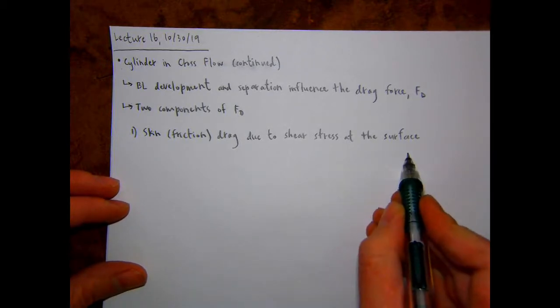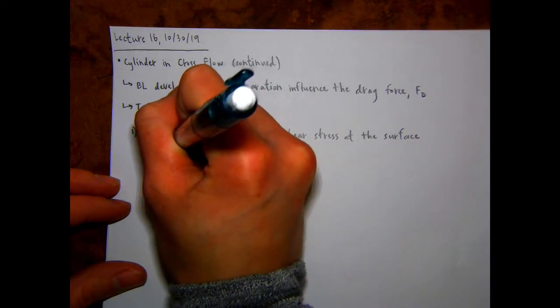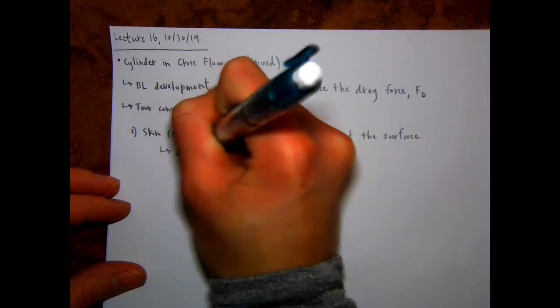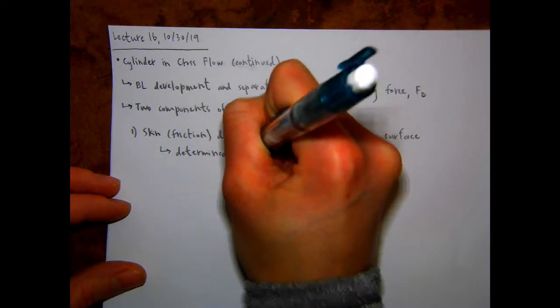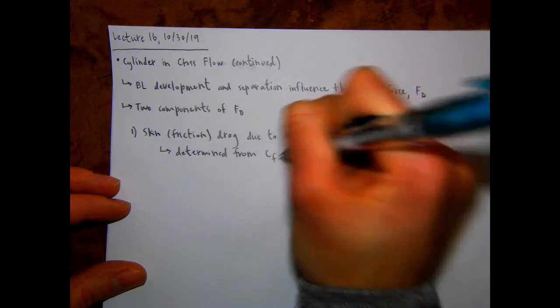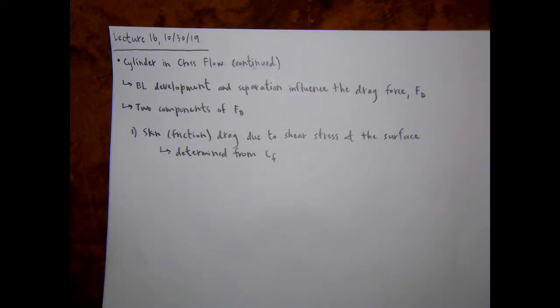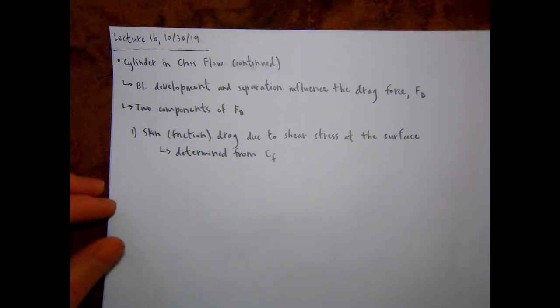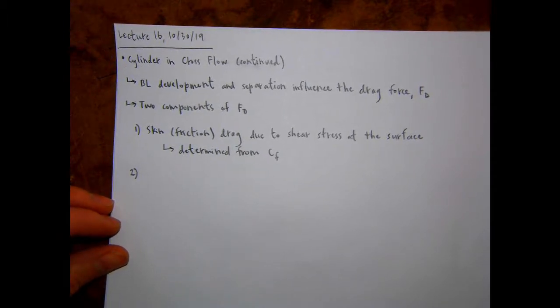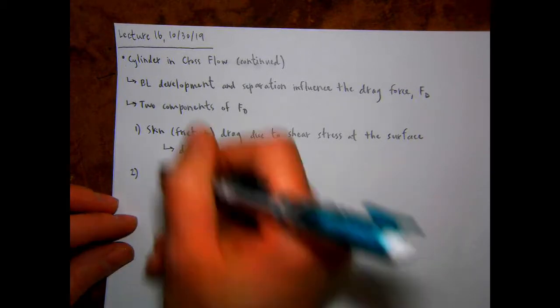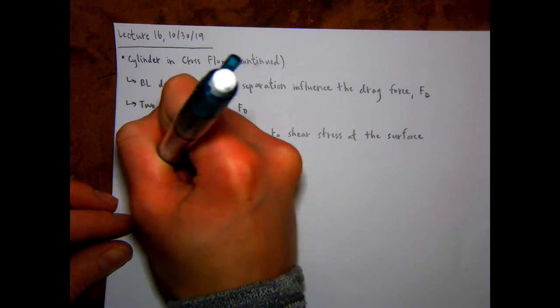And this is what we have been determining previously, and this is what is determined from C sub F, that friction coefficient that we've been writing down, that has the shear stress in the numerator. The second type of drag, caused by the formation of a wake behind the cylinder, is called form or pressure drag.